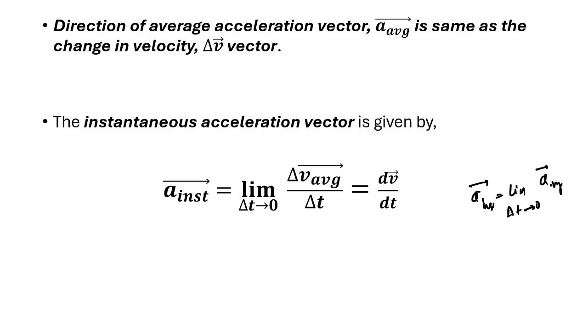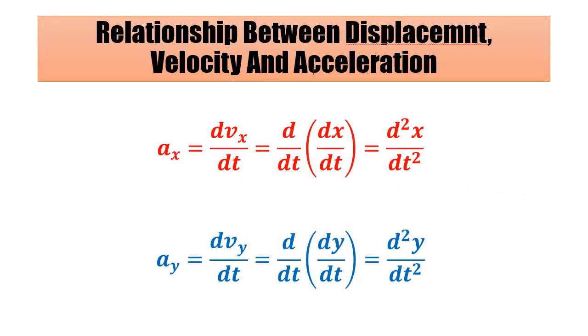Next is the relationship between displacement, velocity and acceleration, which we all know. If we resolve it into its individual components, first in red we have the x component and in blue we have the y component.